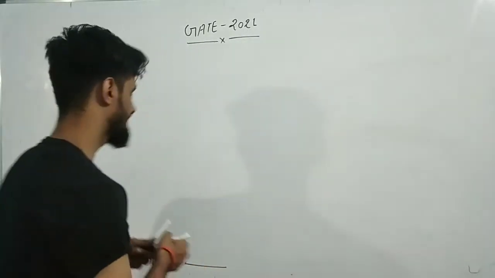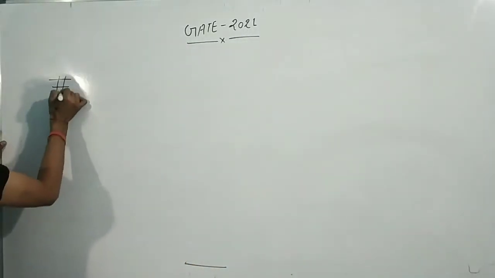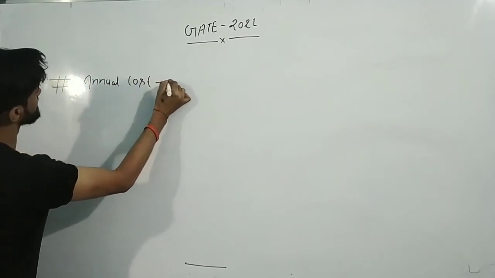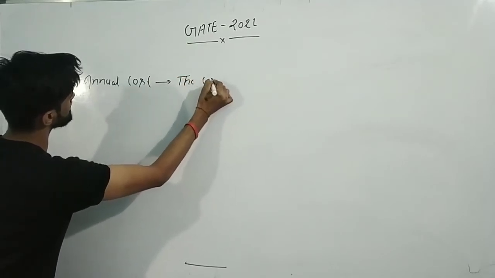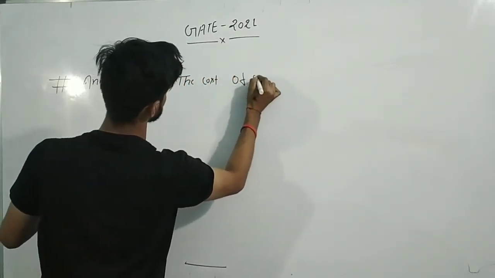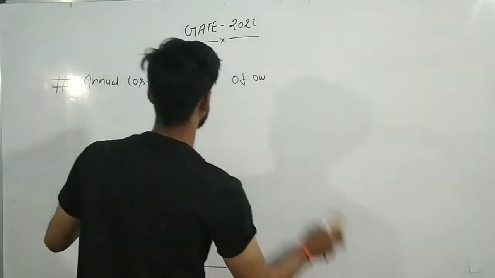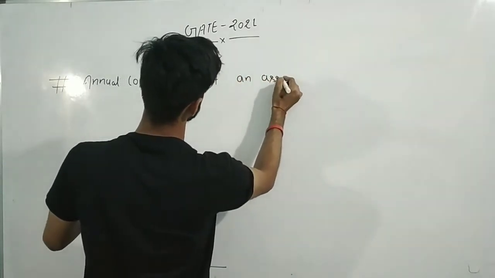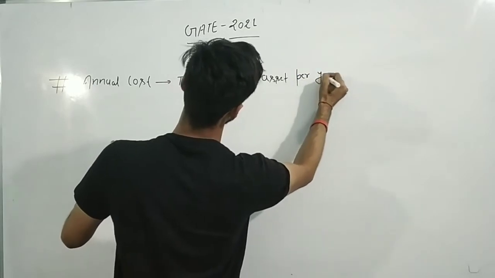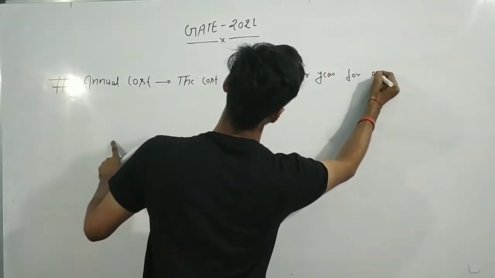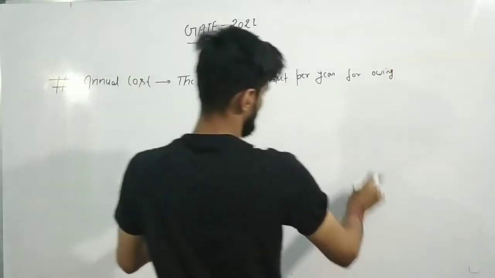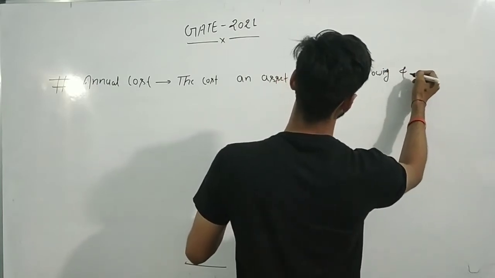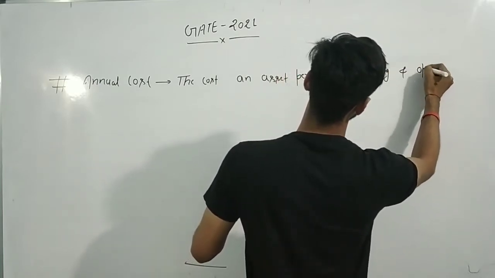Now if you want to define the annual cost, I am writing the definition. You can define annual cost as the cost of an asset per year for owning and operating.